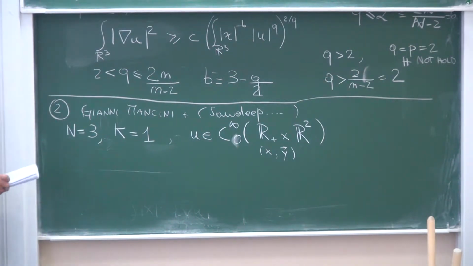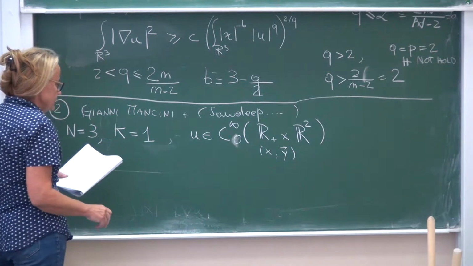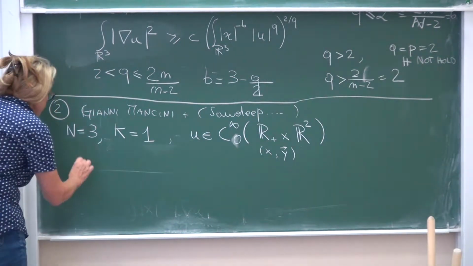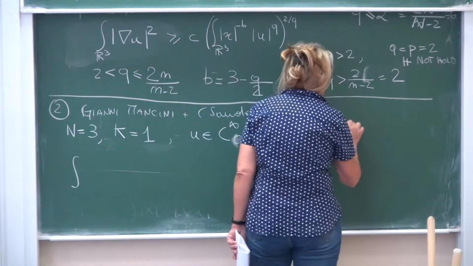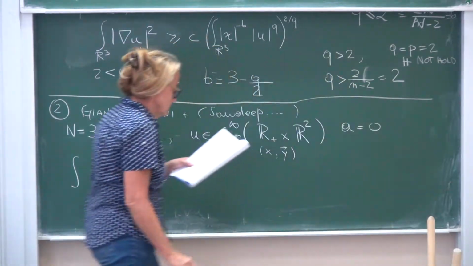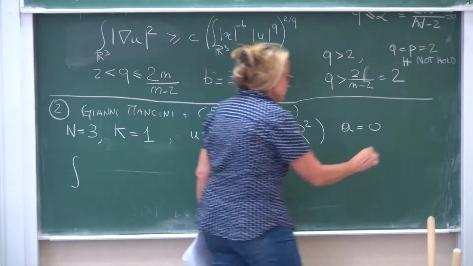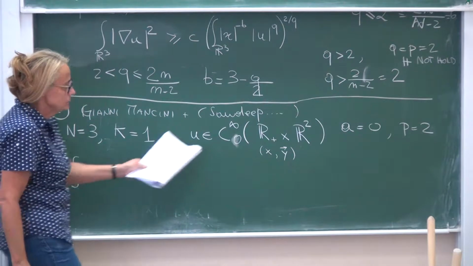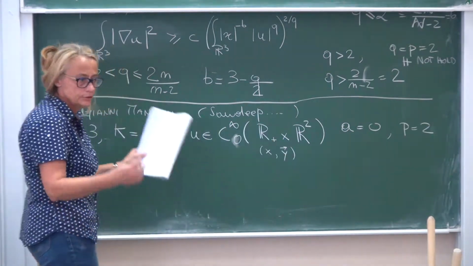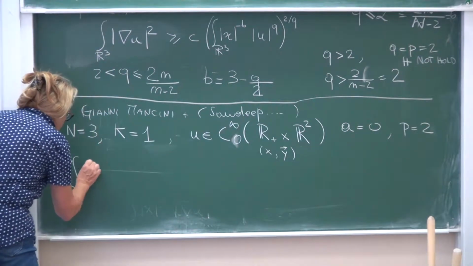Okay, in this case, actually the hard inequality holds with cylindrical weights and A equals 0 and P equals 2 again. In this case, for functions here, the hard inequality holds. The hard inequality we proved.